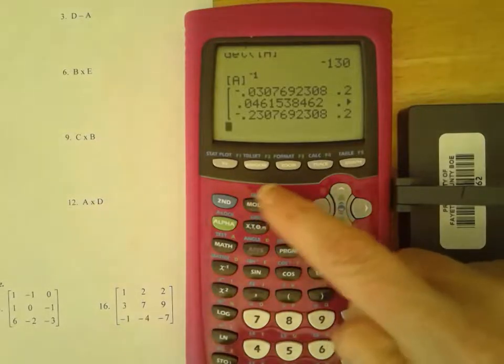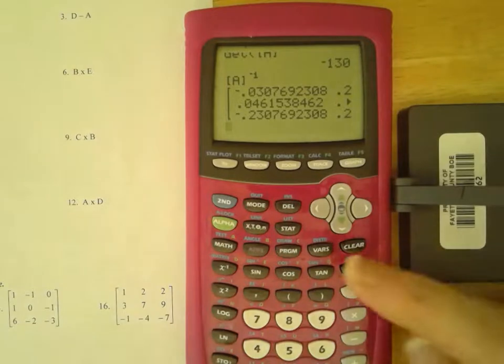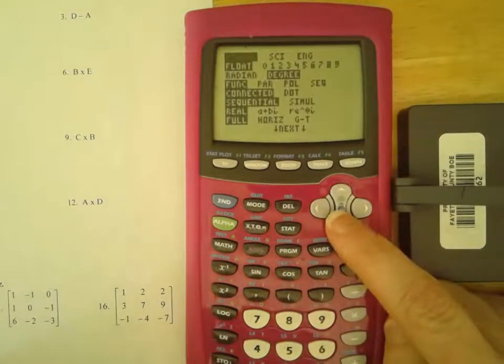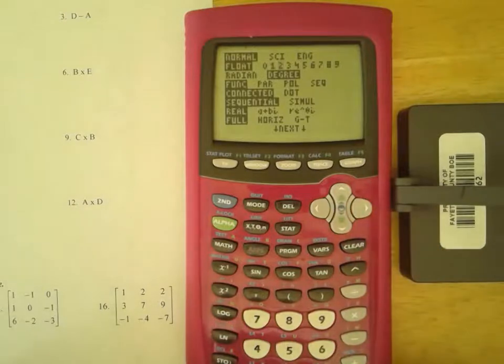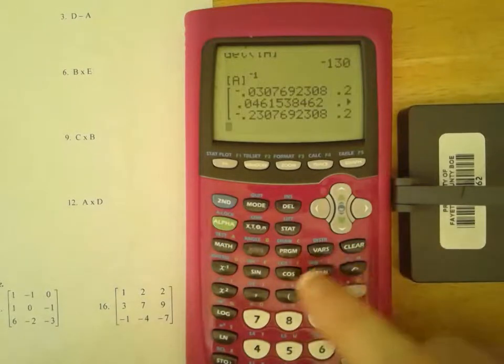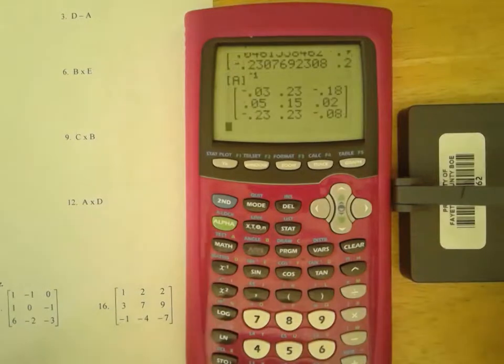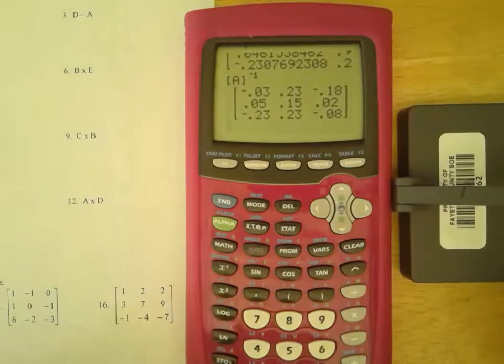But it's really easy. We could turn them into fractions, or we could go into our mode button and tell it, I don't want to see any more than 2 decimal places. That's what float does. Okay? That's so easy. So now we do A inverse, and it rounds everything for us to 2 decimal places.